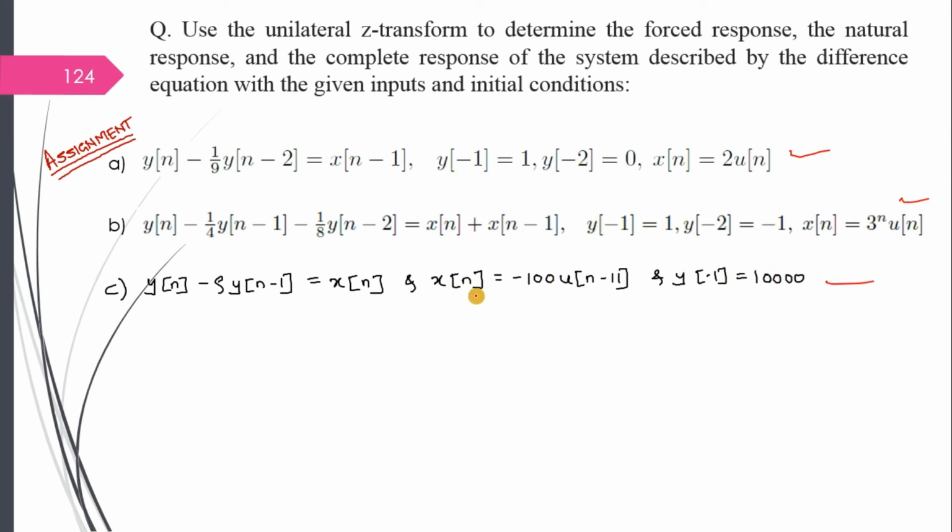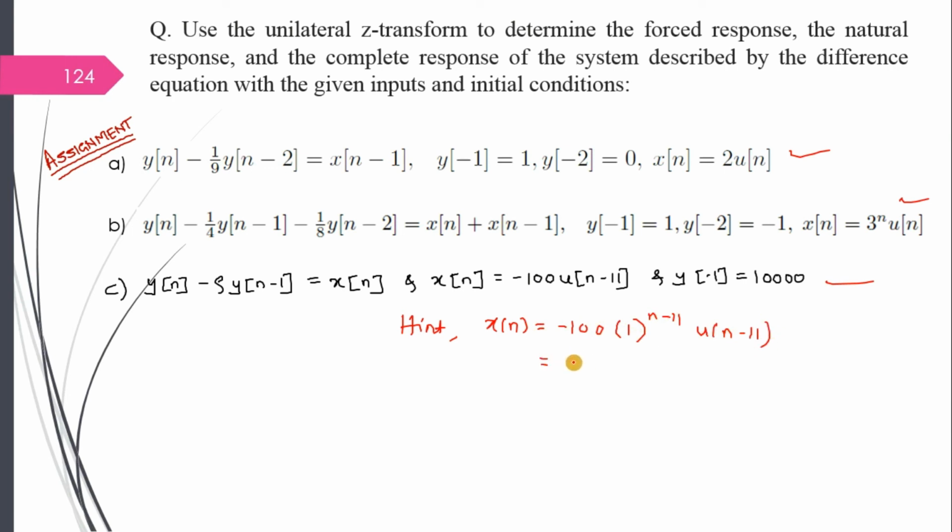So here you should be very careful. So x of n is given in this manner. So I give a hint here. So x of n can be written as minus 100, 1 raised to n or n minus 11. It does not make any difference because 1 raised to anything will result in 1, right? So u of n minus 1.